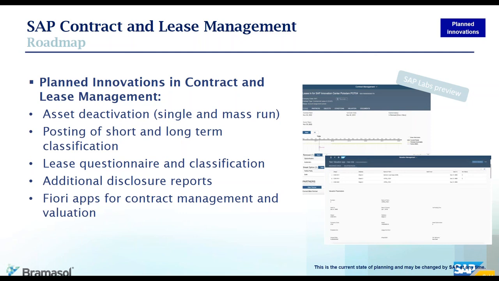It brings the right of use asset down to 0. But we still need to be able to deactivate the asset within asset accounting. So we'll have a run that will allow you to deactivate a single asset or multiple assets at the same time.